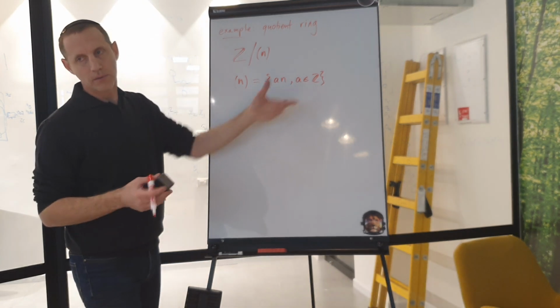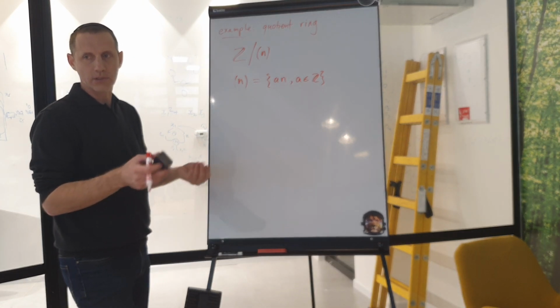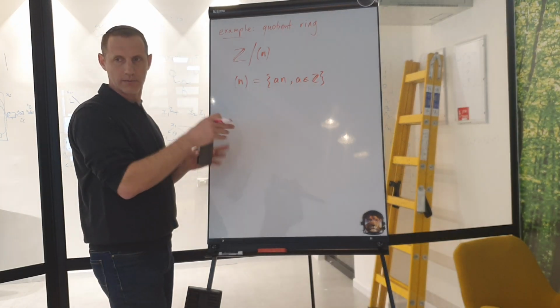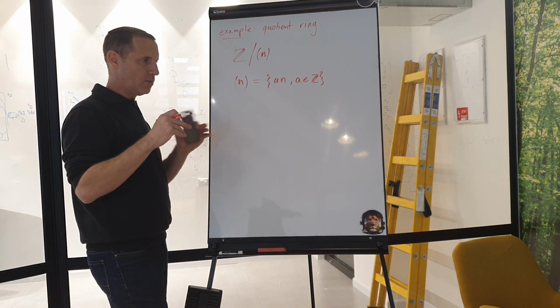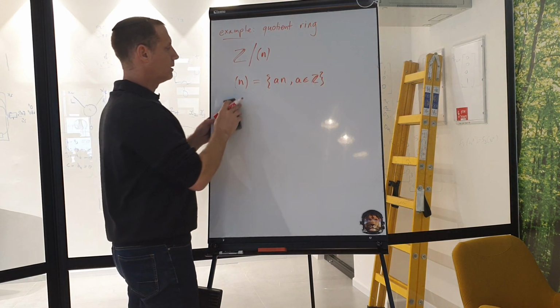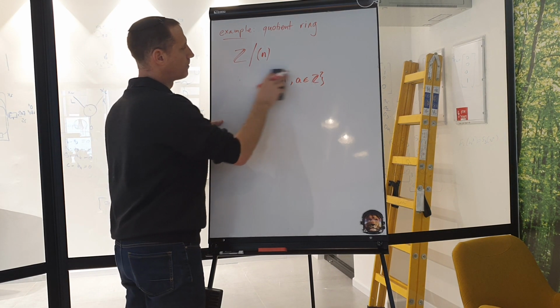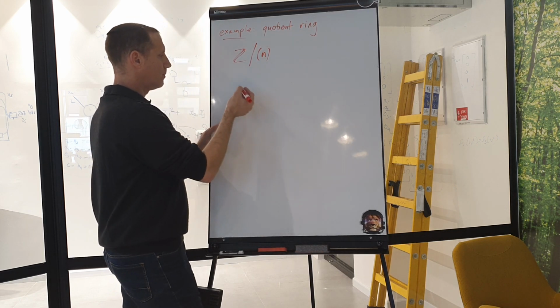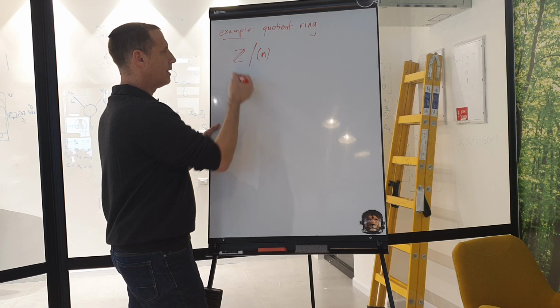So it's basically all the integer products. You understand how this looks, right? It's sort of like a one-dimensional lattice on the integers. Anyway, we know what the elements of this are.